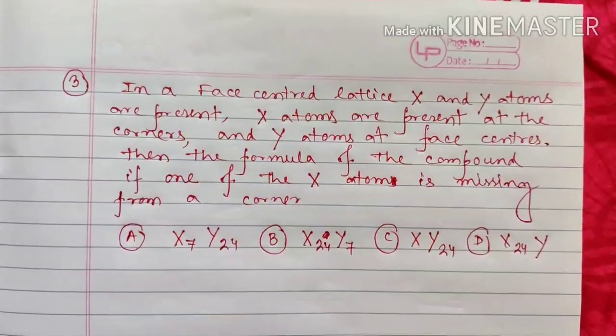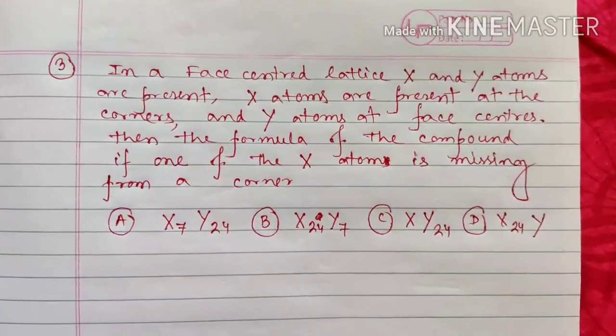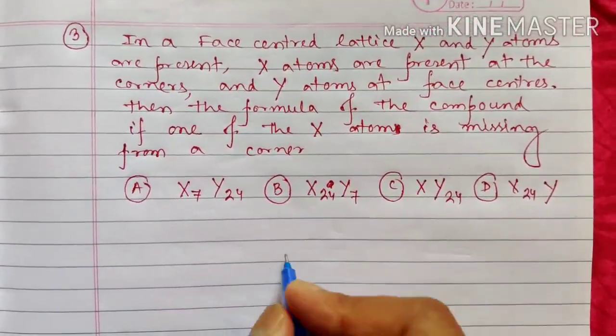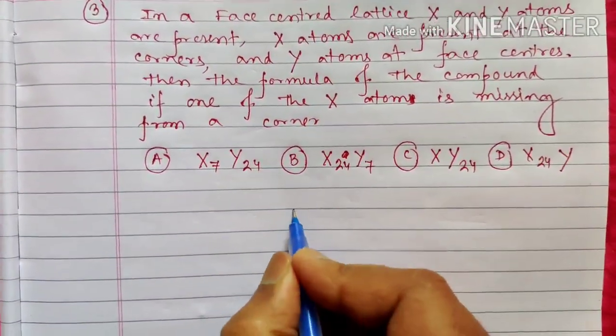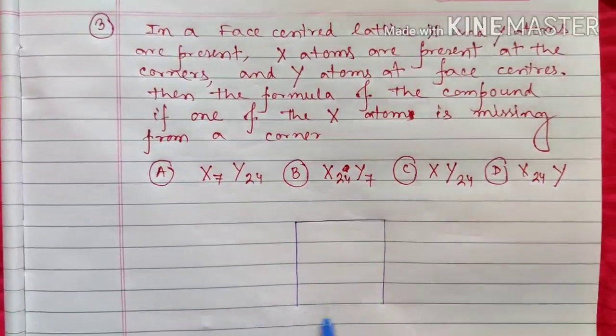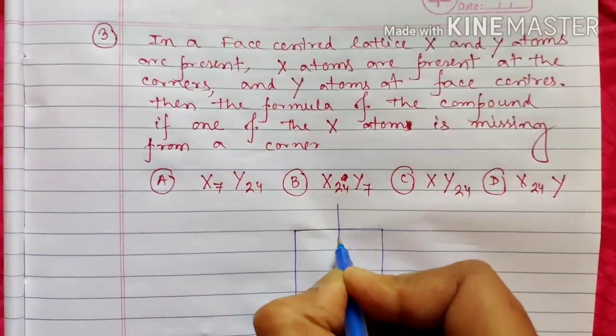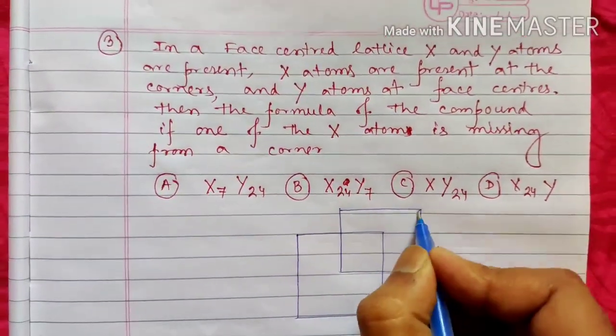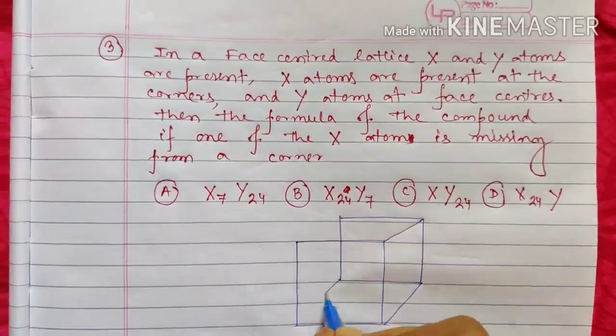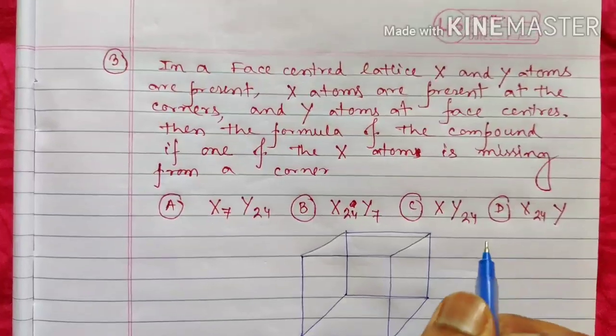It is a similar one compared to the previous problem. So let me draw the unit cell once again. So an FCC unit cell. Same question as before.